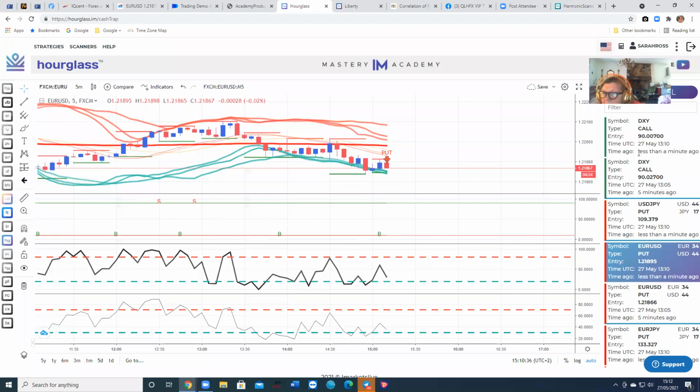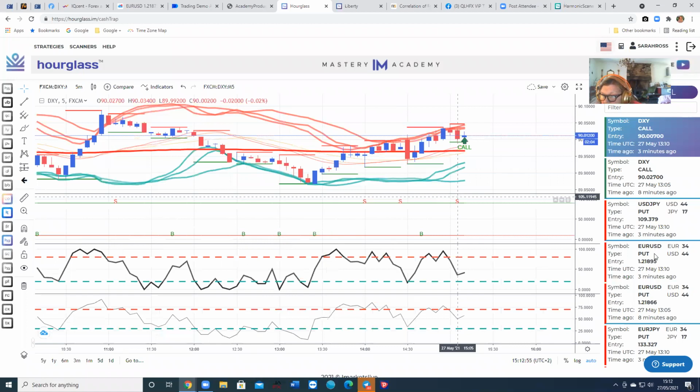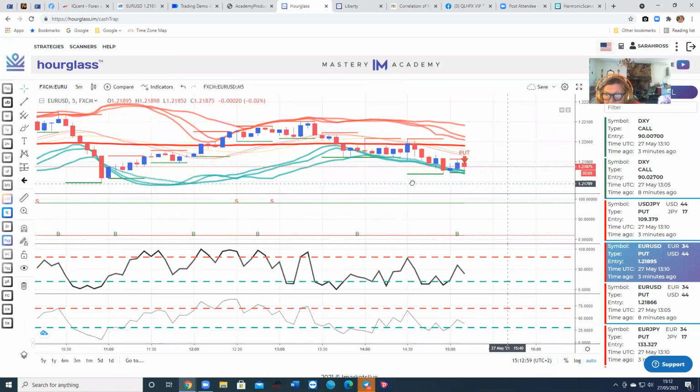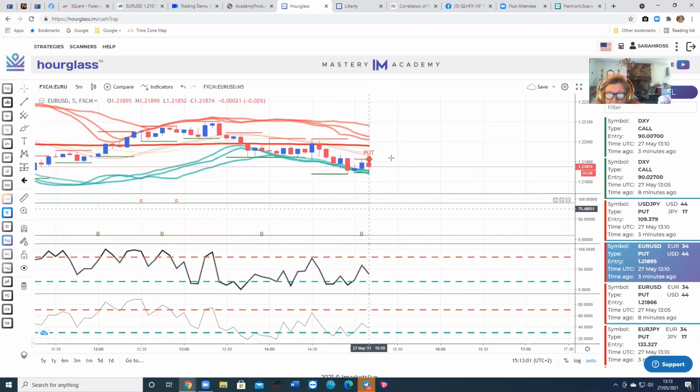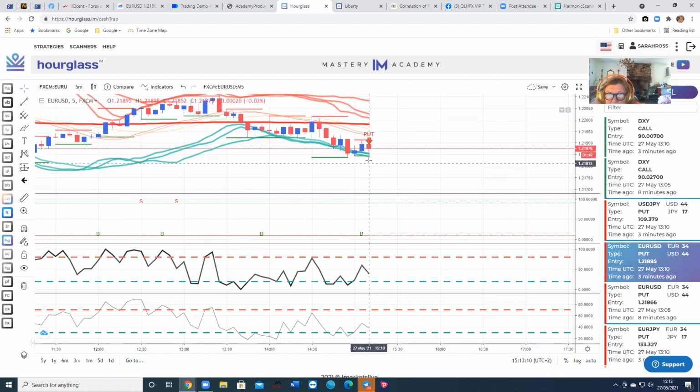HourGlass Dixie is a call, and we've got currency strength in our favor. 911. It's at 874 at the moment. And 11843.